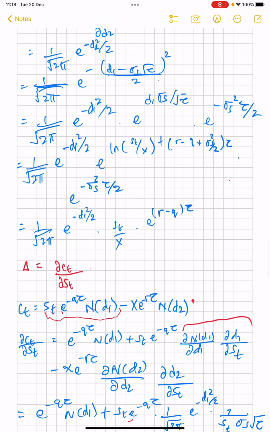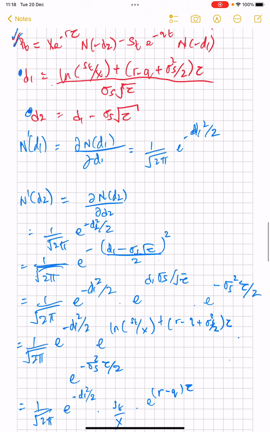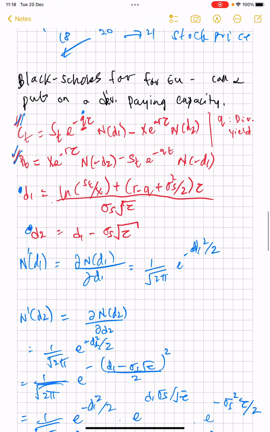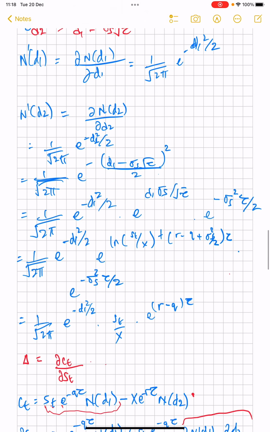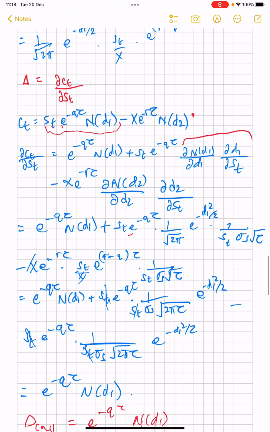So delta is the change of the call option with respect to the stock price. You need to derive it, and you plug in the equation from what I've said here. That is Black's formula for a European call on a dividend paying asset. You plug the equation here, and you just start deriving.